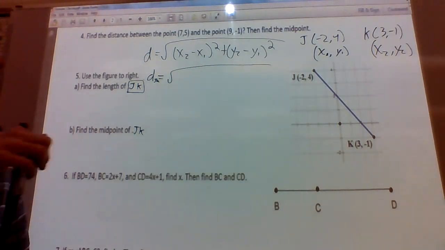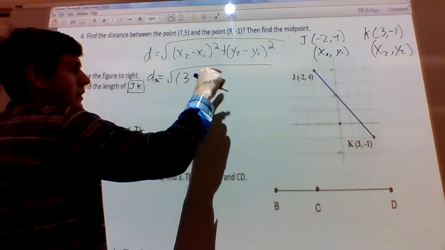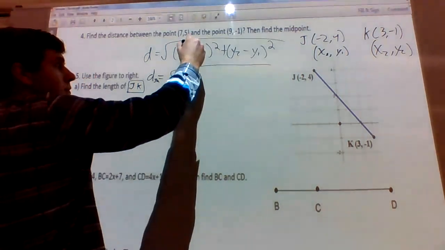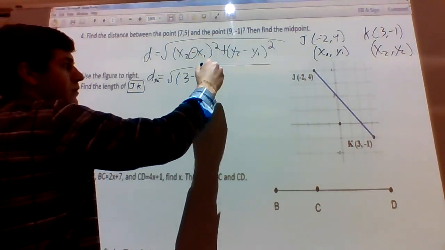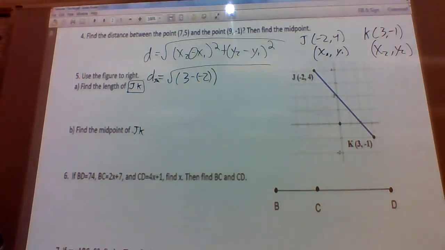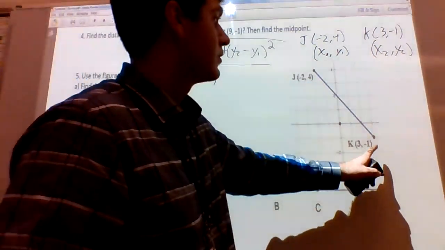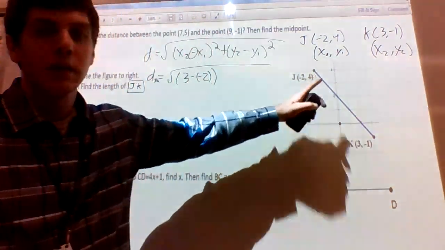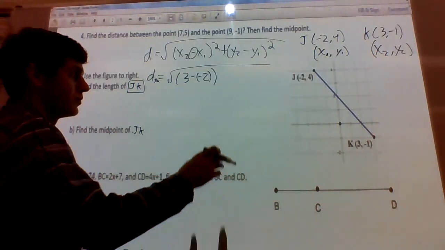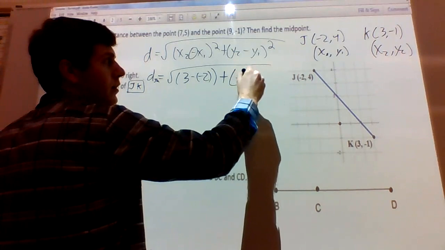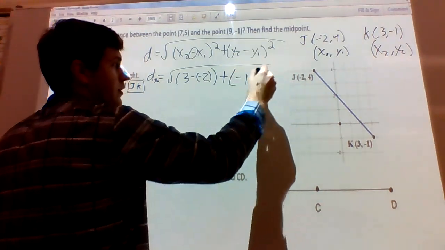Okay. X2 is 3. X1 is -2. So minus, we're carrying the negative, a -2. Don't put 3 minus 2. It's not right. We're having 3 minus a -2. Plus y2 is -1 minus 4 squared.